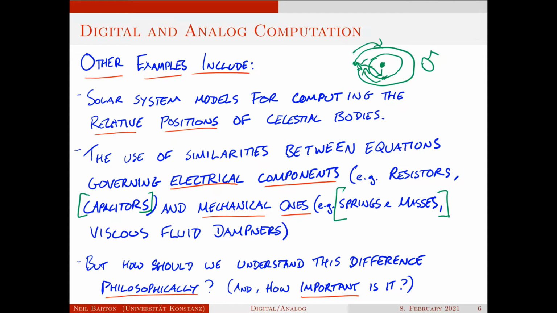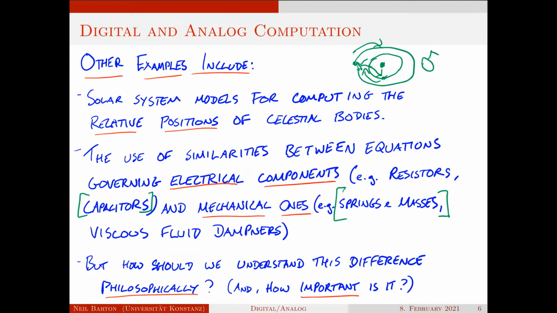Whereas for a capacitor or with a resistor, for instance, I can just vary various electrical parameters, and that might be far, far cheaper and more time efficient than changing out the springs and the particular masses. So in this context, for a while, analog computers were also far quicker than digital computers because I have this kind of direct resemblance in certain cases between the structure I'm trying to compute and the computational parameters, as it were.